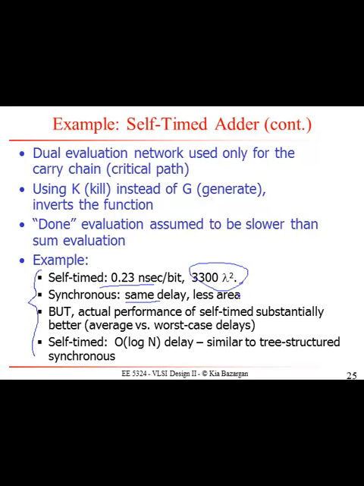But in terms of actual performance, you got order log n delay. Remember the Manchester carry chain? That was n divided by 4, which was linear, right?